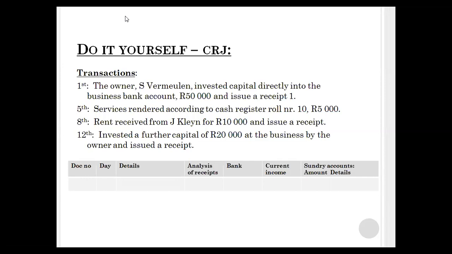You write the words services rendered. The amount is 5,000 Rand. 5,000 Rand will go to analysis of receipts, to bank, and to current income.